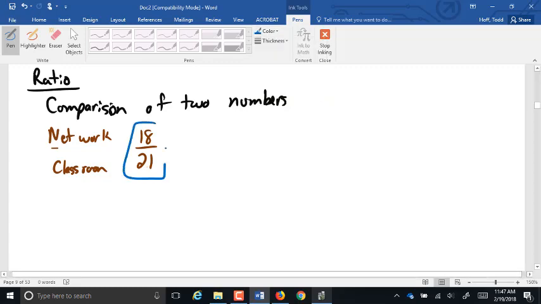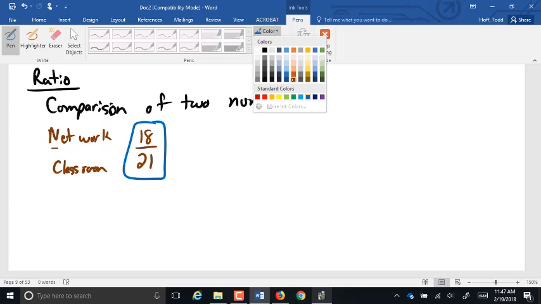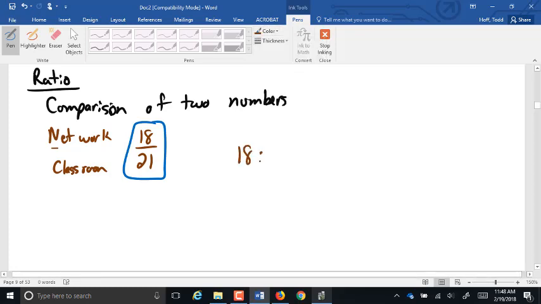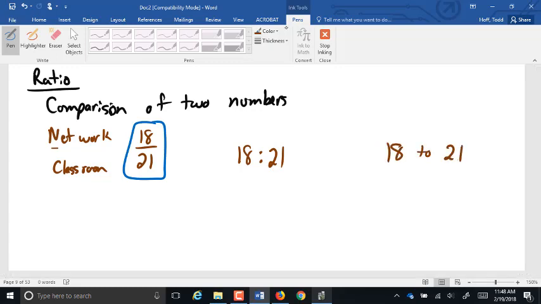One way to express that ratio is just like I did there in a fraction form, but there are other ways to do it. I can do it as 18 colon 21, or I have to be careful with this one, 18 to 21 would be appropriate in this case. Any of those forms would be appropriate.